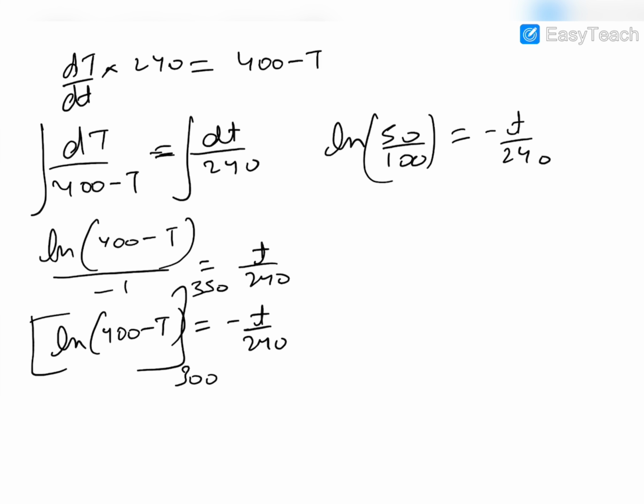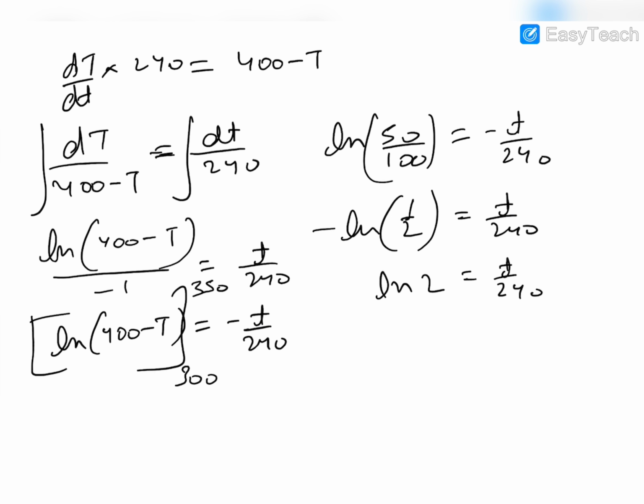So this is ln 1 by 2 with a negative sign, equal to minus t by 240, and this is ln 2. So ln 2 will be equal to t by 240, and t will be equal to ln 2 into 240, which is 240 into 0.693.